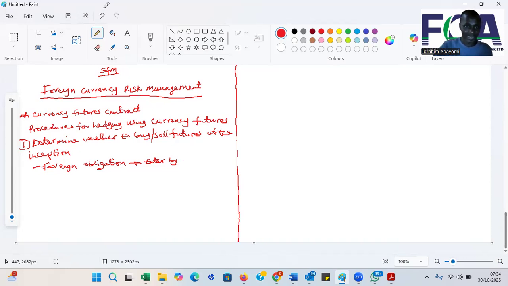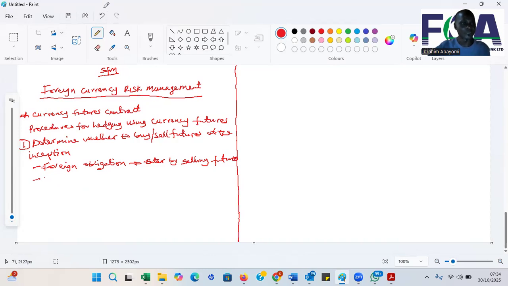That was our explanation yesterday. So for a foreign obligation, you enter by selling futures.